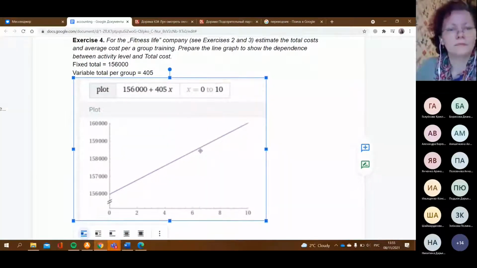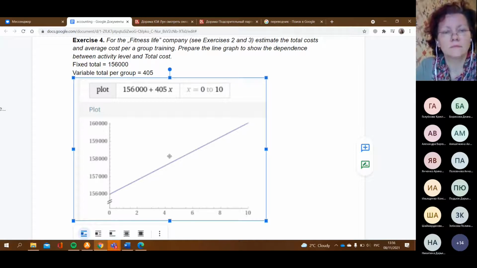I've just counted the fixed total costs and the variable total per group just by summing all of the costs, and I've decided that the graph should be like the mixed costs one, and this graph starts with the fixed total costs number with 0 groups, and then is increasing with 405 per group.